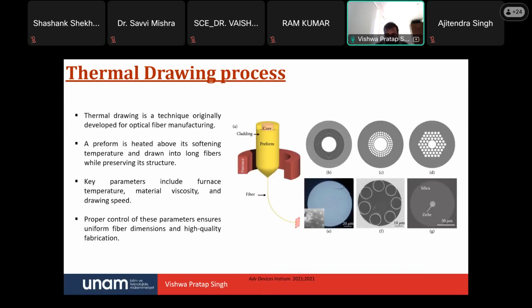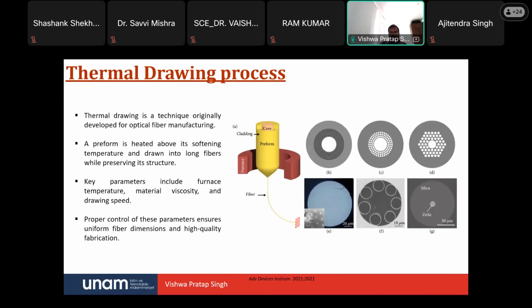So what is this thermal drawing process actually? This process was previously used for optical fiber drawing. Those optical fibers used to be drawn with the help of a thermal tower, whatever we call it.